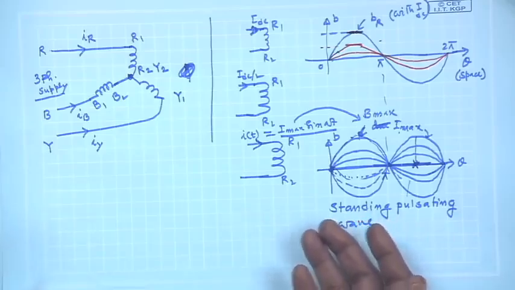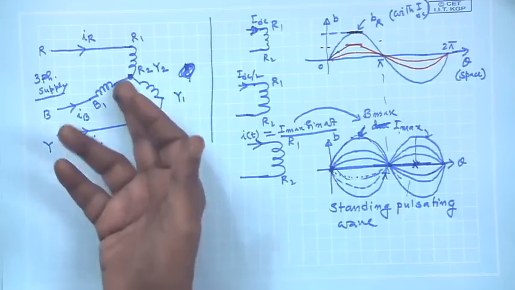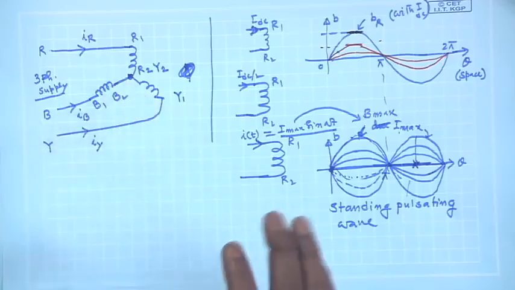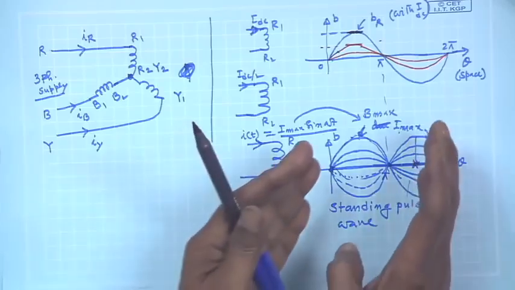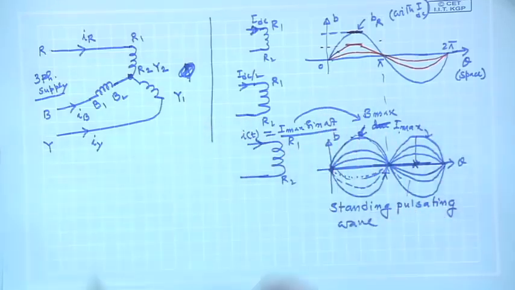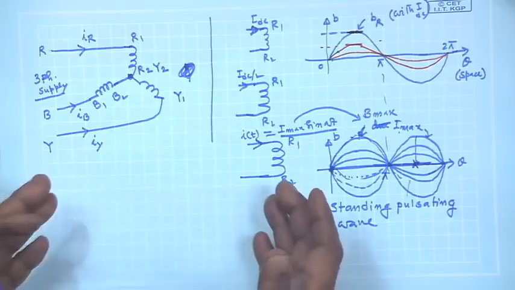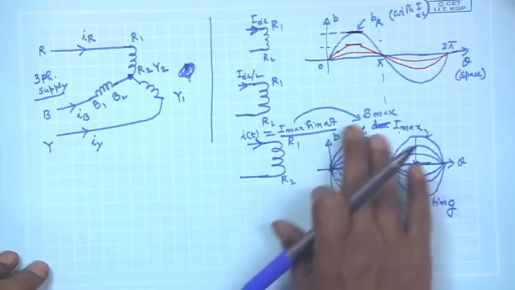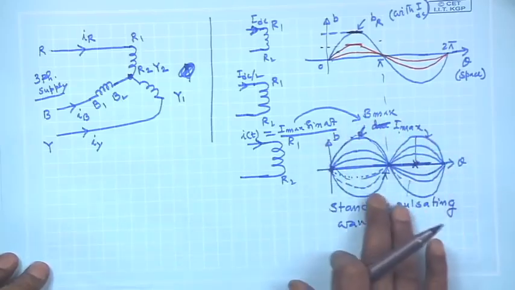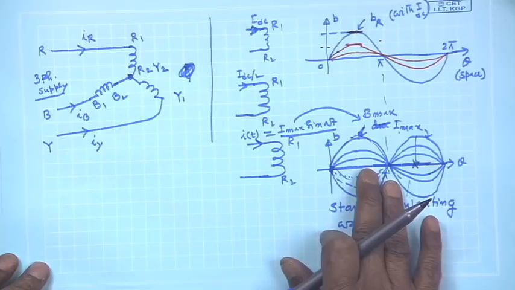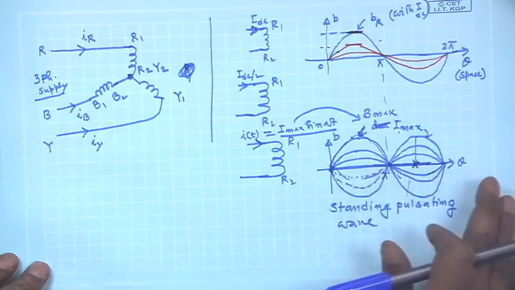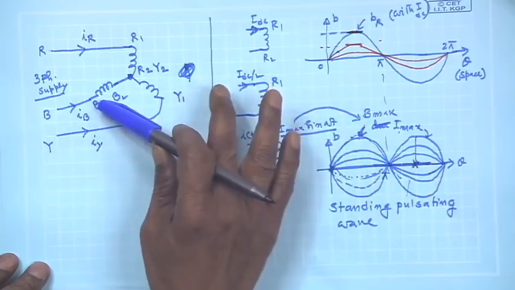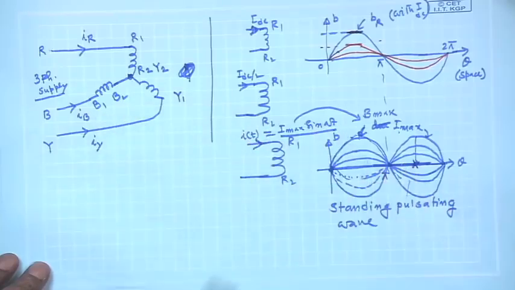Therefore, individually Y phase will also produce a standing pulsating wave, but displaced from it by 120 degree, and similarly B phase will do the same.